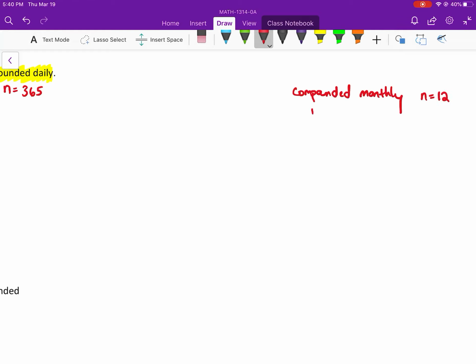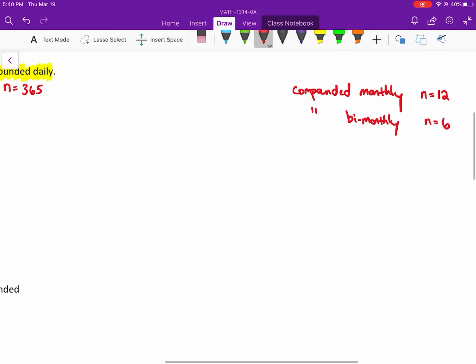If it's compounded bi-monthly, then N would equal 6. If it's compounded weekly, then N would equal 52 because there's 52 weeks in a year. Let's see, if it's compounded annually, then N would equal, probably the easiest one, 1.